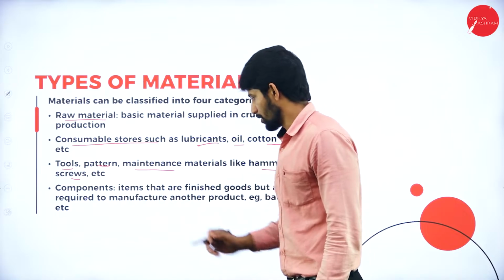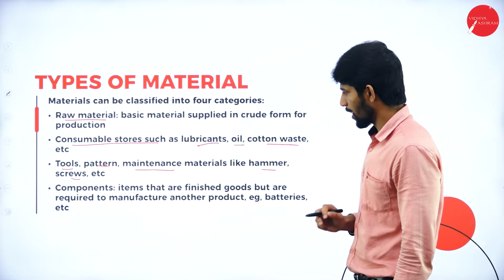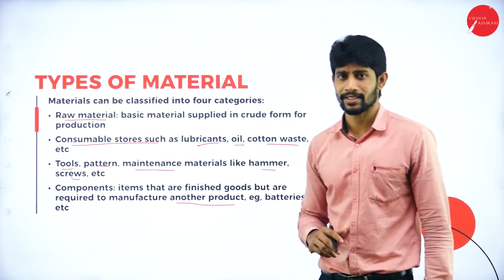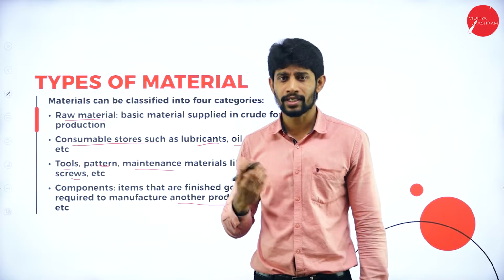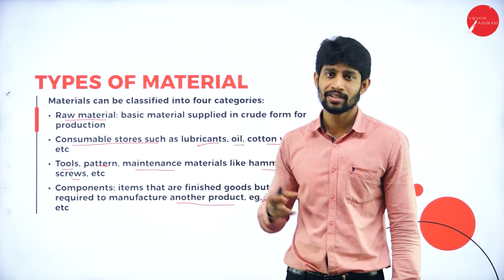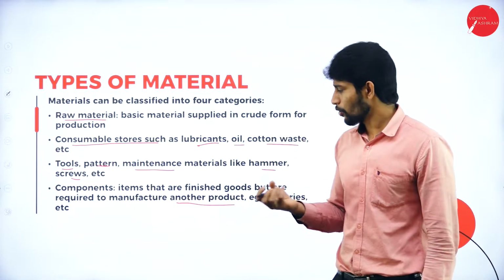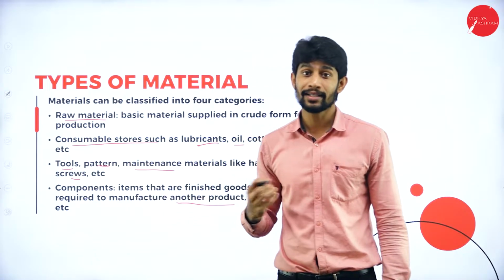Next, components. So components, items that are finished goods but are required to manufacture another product, example batteries, etc. Yes, components will be required. Suppose if you are manufacturing a car, you require different components to manufacture a car. So what you will be doing, you will be manufacturing a component where you will be using that component to produce another product.